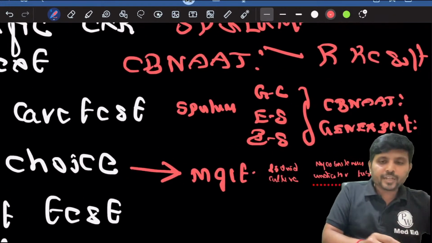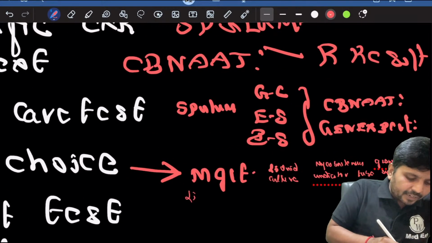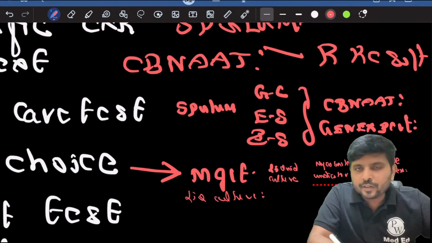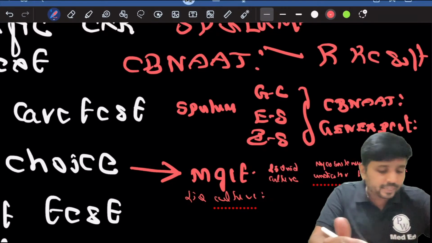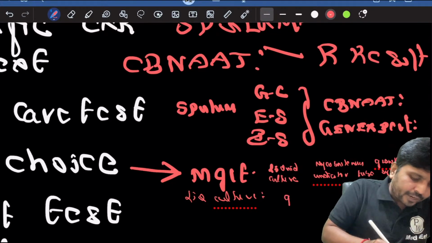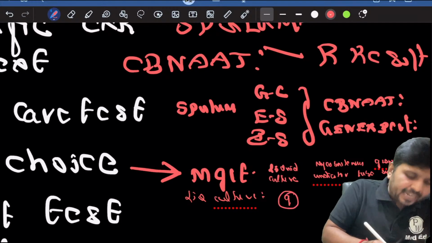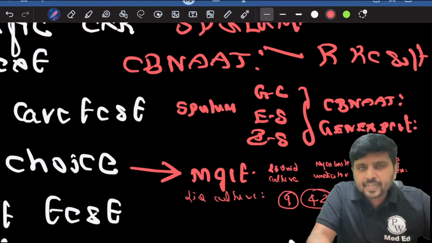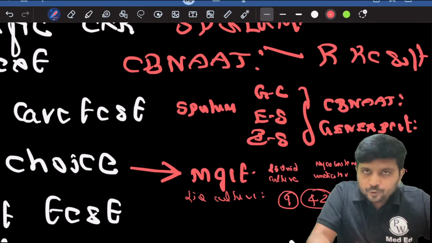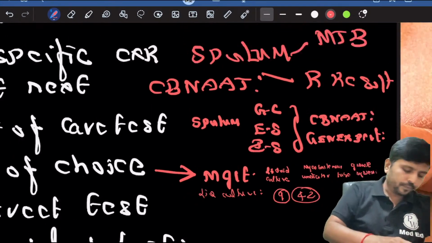Don't say LJ medium, Lowenstein-Jensen, which is a solid medium and takes 48 days to get results. With MGIT, you can get a result within 9 days or 42 days. So it is easy to get a result, and it is the gold standard for diagnosis of tuberculosis.